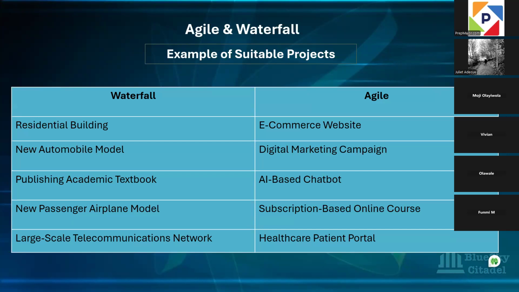And then you look at launching a large-scale telecommunication network, which has sequential steps to follow. You're looking at laying fiber optics, setting up towers, and integrating software systems. All those things need to be followed before you even talk about having the software system in place.